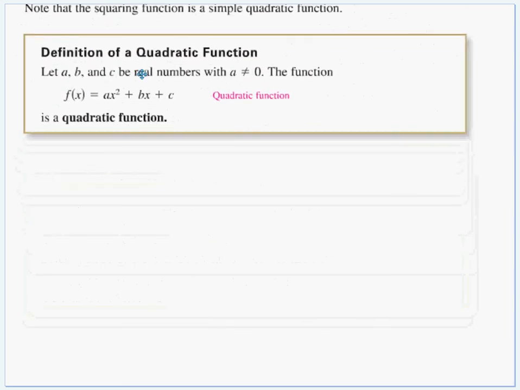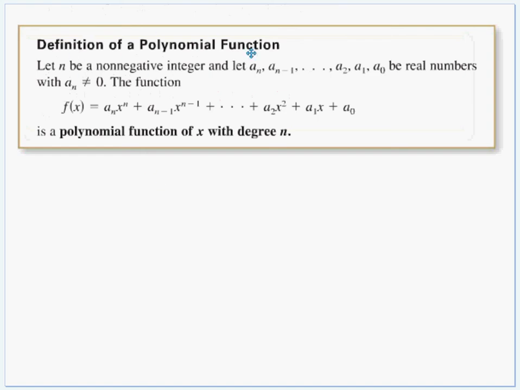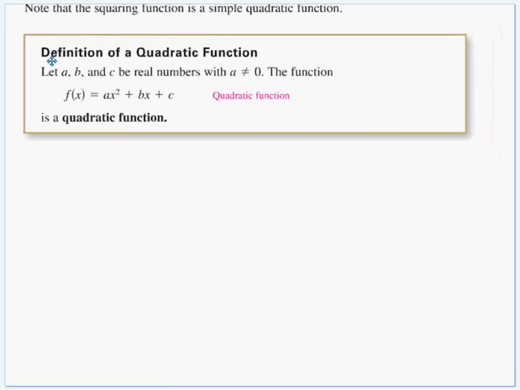Now, the definition on the other slide was of any polynomial. Here's a stricter definition of just a quadratic function. And this one, it's a little easier to see what's going on. It just says a, b, and c are real numbers, and a is not equal to 0. If a is equal to 0, we would have 0x squared, so it would no longer be a quadratic, because a quadratic has to have a second power.